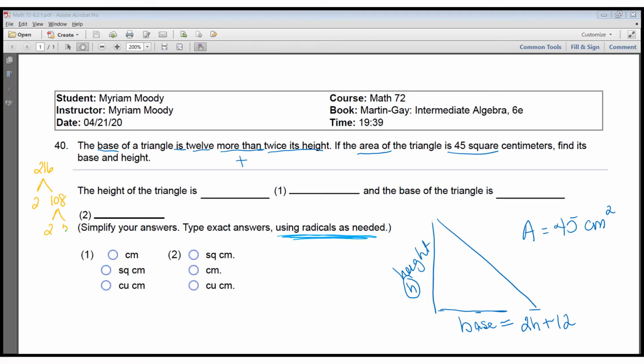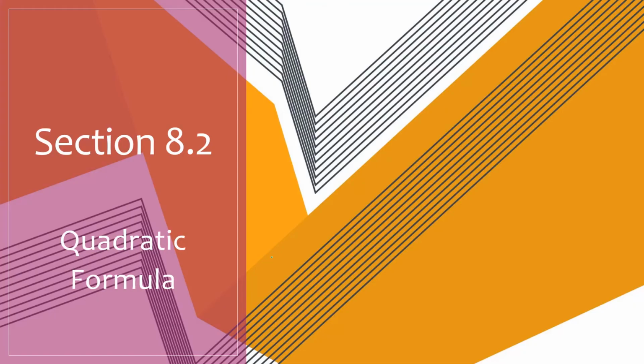2 goes into here 54 times. 2 goes into here 27 times. Oh, now I got a 3 and a 9 and another 3. Okay, so, woof, lots of stuff here. So what am I looking for again? Yeah, I'm looking for a square root, which means I'm looking for how many of a kind? I'm looking for 2 of a kind.